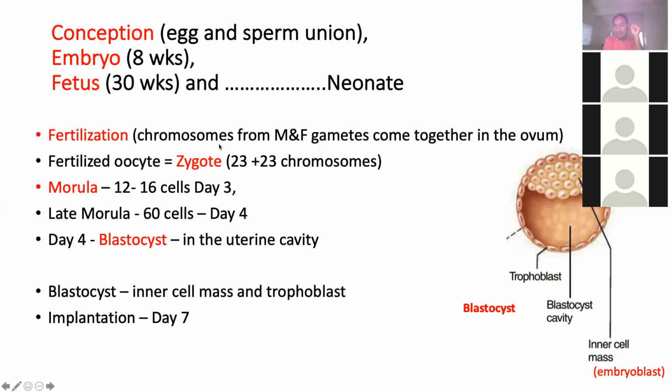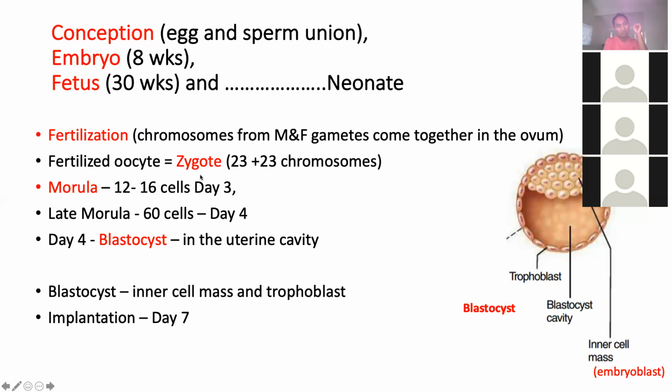So these are a few definitions I want you to appreciate: fertilization, conception, embryo, fetus. Once the male chromosome and the female chromosome combine in the female egg, the oocyte, that's a fertilized oocyte, and it is called the zygote.